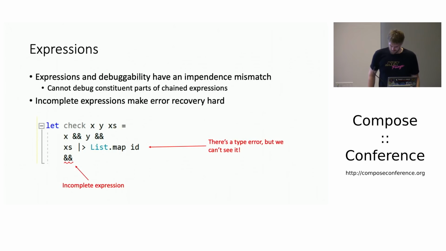So one example in F# is expressions and debuggability, which I just talked about. These two have a bit of an impedance mismatch, because I can write a beautiful fixed point F# that has zero explicit values anywhere. And if I want to say, hey, I want to now debug this thing, well, it's kind of weird, because there's no explicit value being passed around.